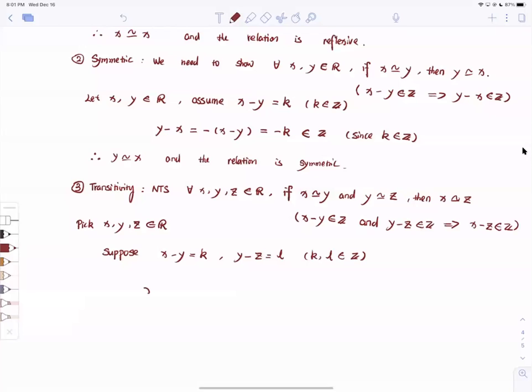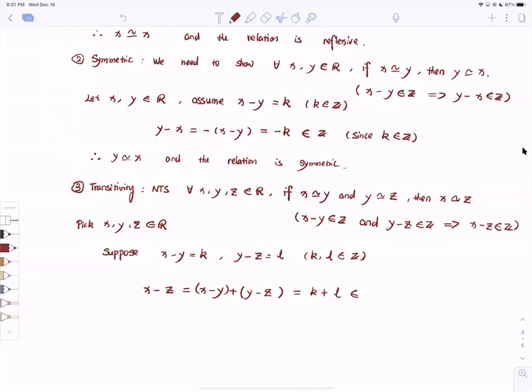So x minus z equals x minus y plus y minus z, which equals k plus l.